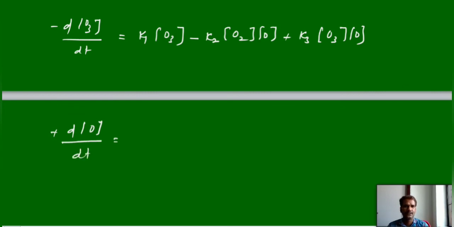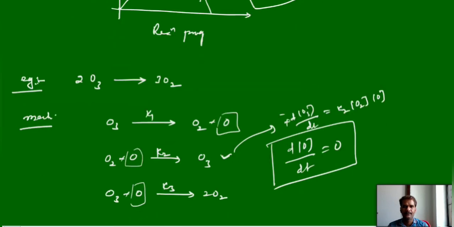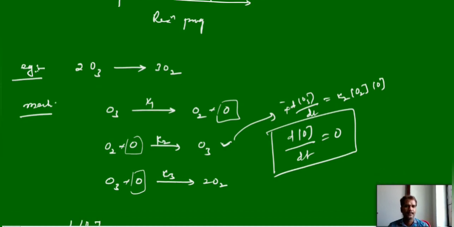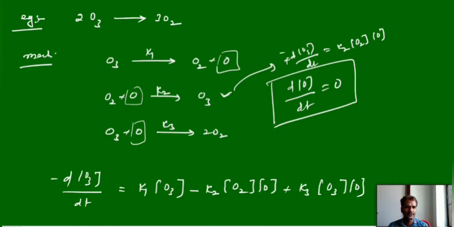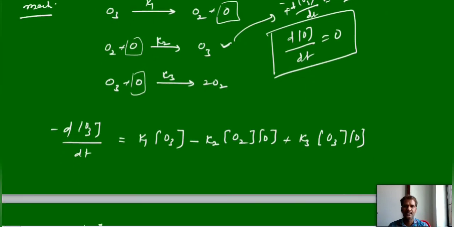So here the increase in concentration of oxygen, d[O]/dt, is equal to K1 into the concentration of ozone. Similarly, in the second case, but here it is decreasing, negative, that is K2 into [O2] into [O], and in the third case again the concentration is decreasing, negative K3 into [O3][O]. Normal rate equations that you can write together here.